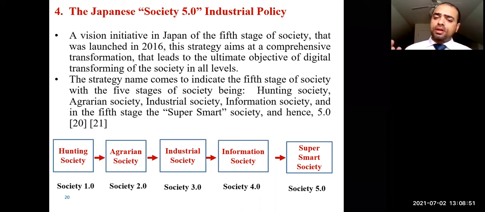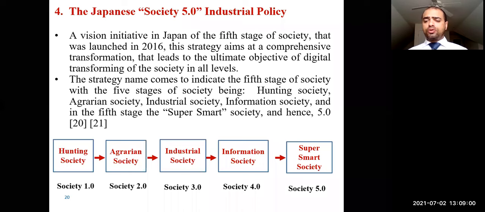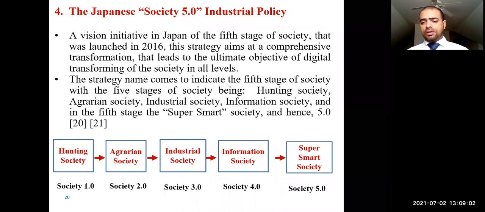Then the industrial society 3.0. Then the information society, information technology. And the current society, what the Japanese refer to as the super smart society, which indicates that we have intelligent, smart systems that help us achieve our objectives and make our lives easier.